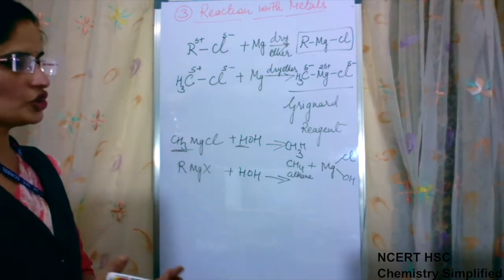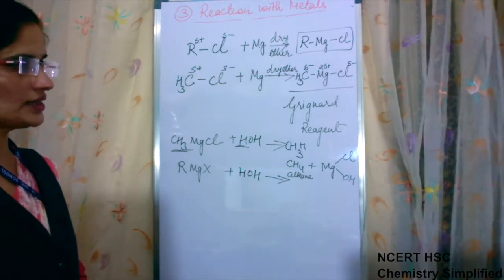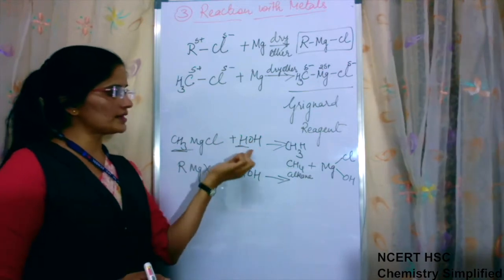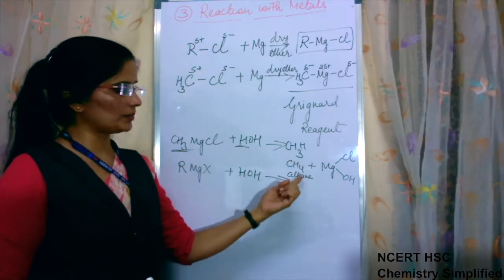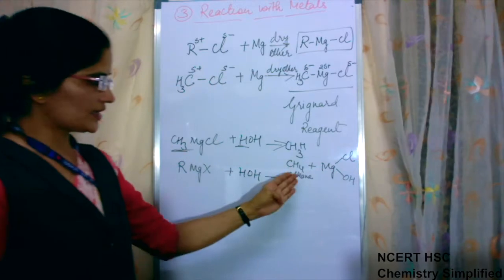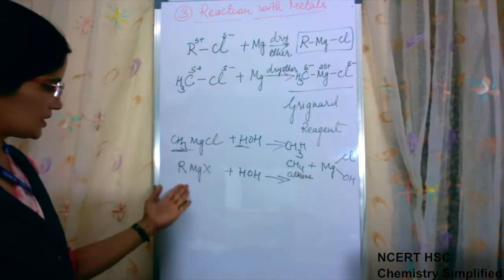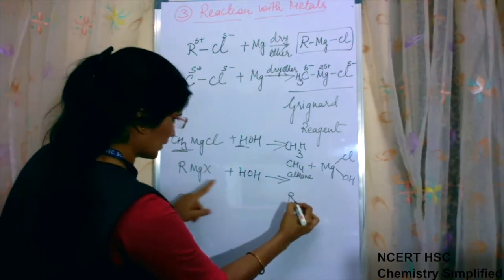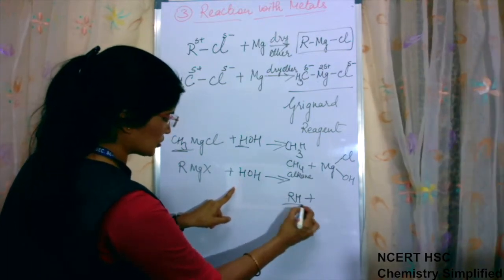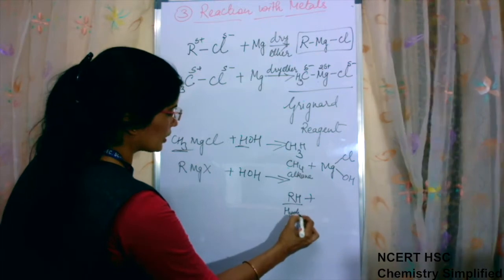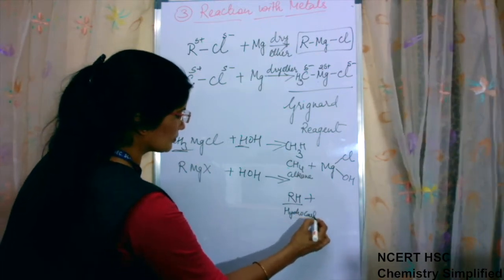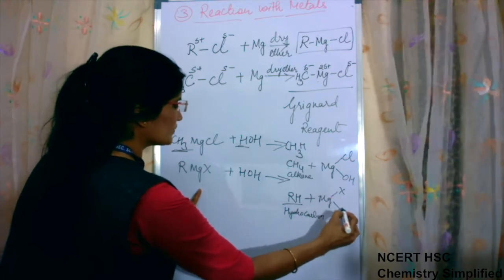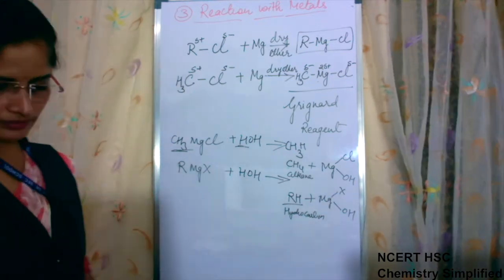Sometimes this question is asked, why is Grignard reagent kept away from moisture? Because it reacts with the proton present in water to form hydrocarbon and gives this as byproduct. Same reaction, the general reaction can be written as R and this H, RH, which is known as hydrocarbon, and this will be Mg, one bond with X, one bond with OH.